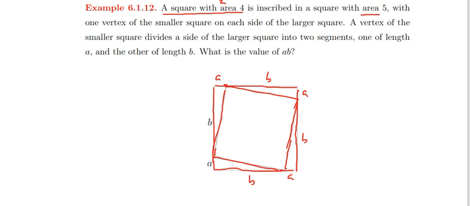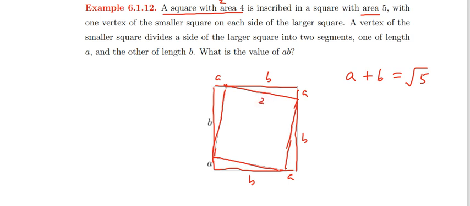So we can make an equation. It looks like an equation problem. We don't know A and B, so we need to find them. First we say A plus B equals square root of 5. And here A and B, this side is 2.